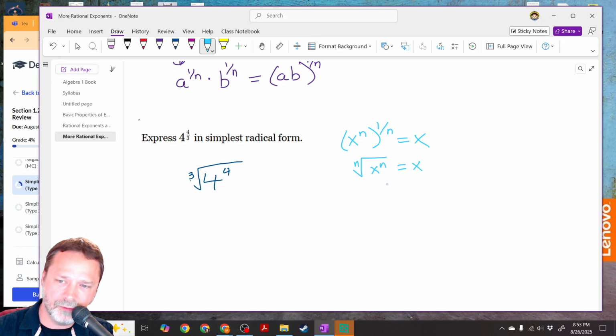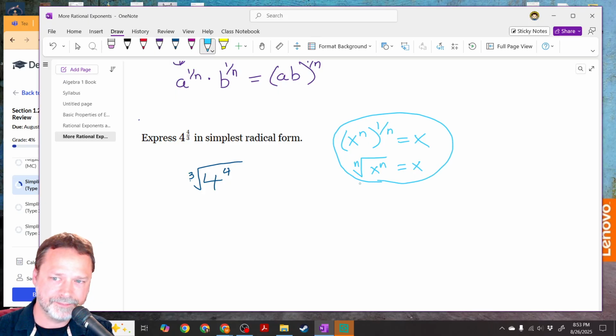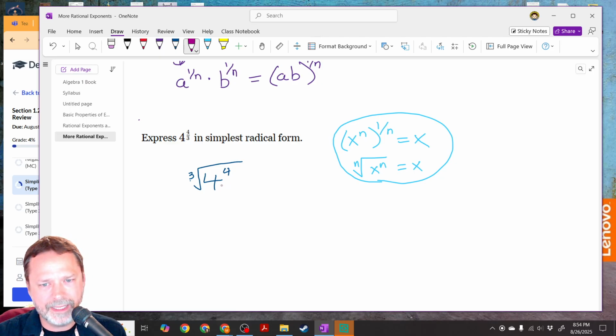The nth root undoes an nth power. That is a very, very important property as well. So when I see something like this, that's the idea. If I want to reduce these, that's what I'm thinking of, that I need that to happen.